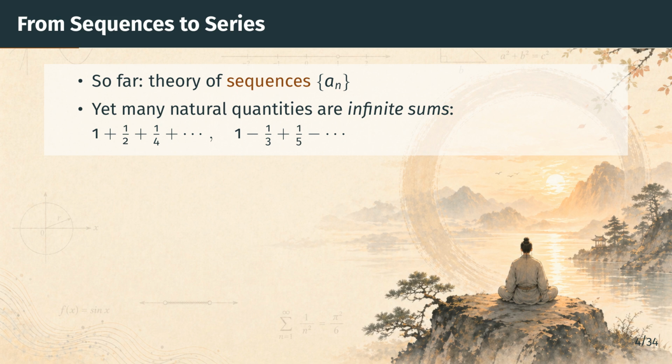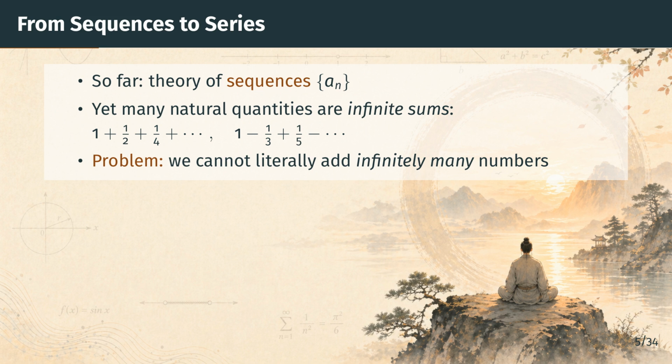They are infinite sums. The first expression on the slide is the geometric series 1 plus 1/2 plus 1/4, and so on, which should equal 2. The second is the Leibniz alternating series for pi over 4. These objects have been around since the dawn of calculus.